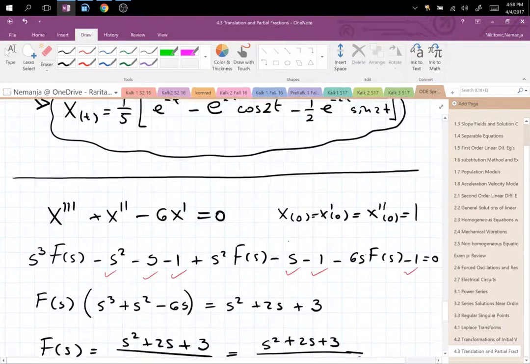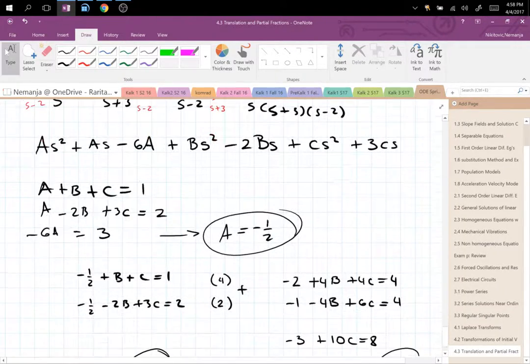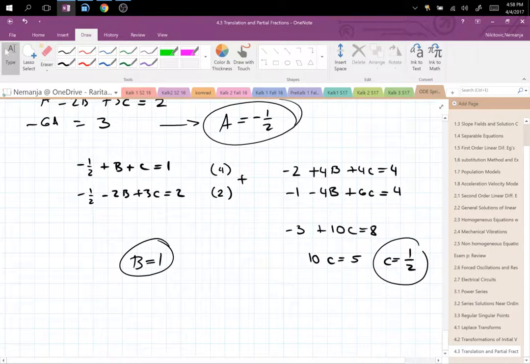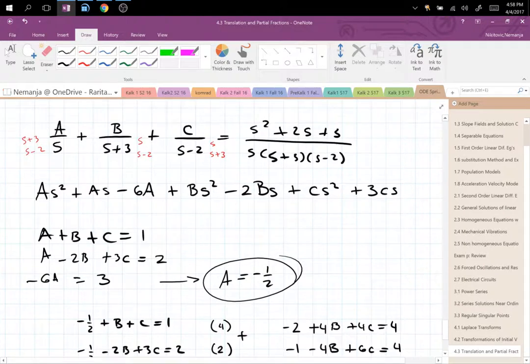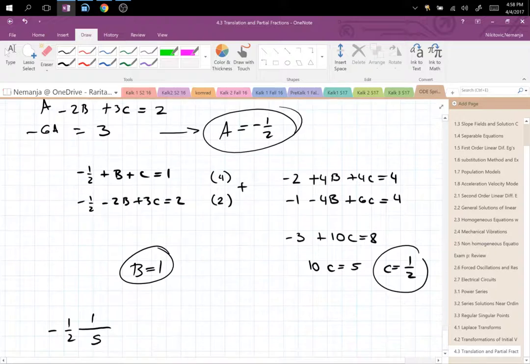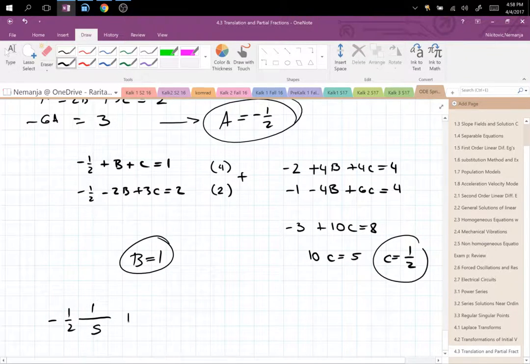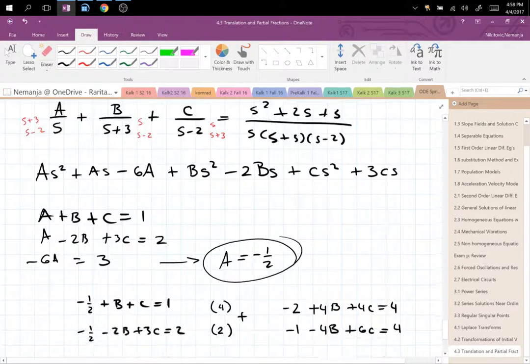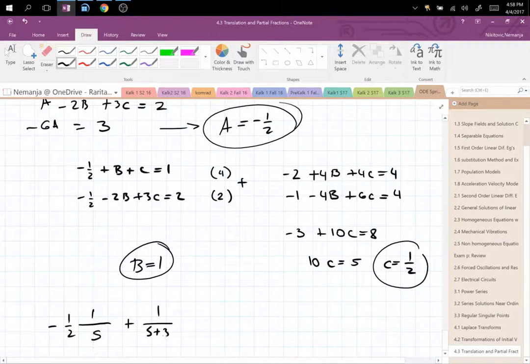Cool. So I have A is negative 1/2, 1 over s plus B, which is 1. So all I have is 1 over s plus 3. And then this is wrong. I was supposed to add this to 11, right?